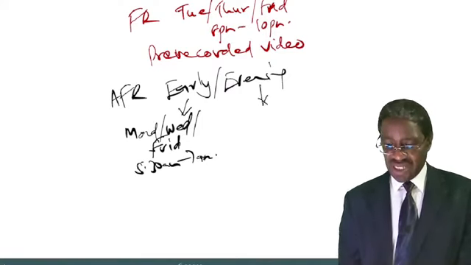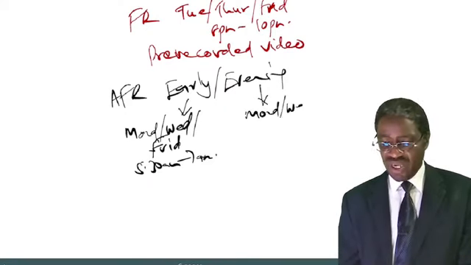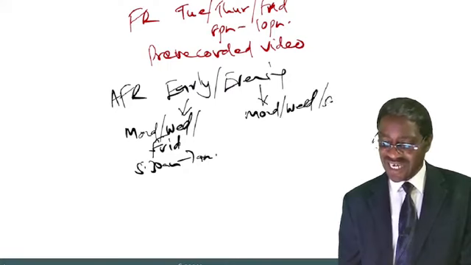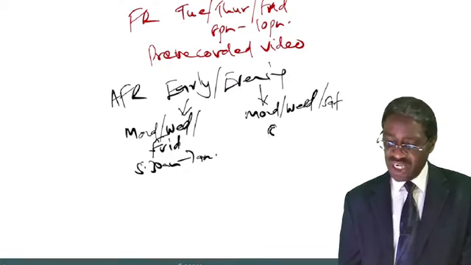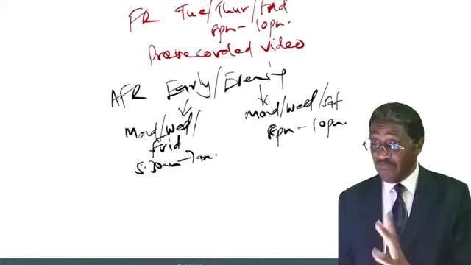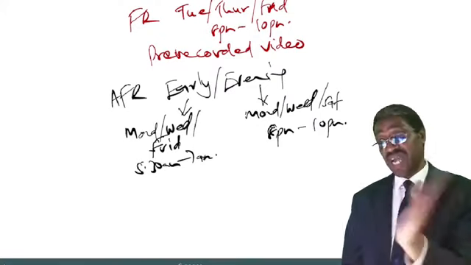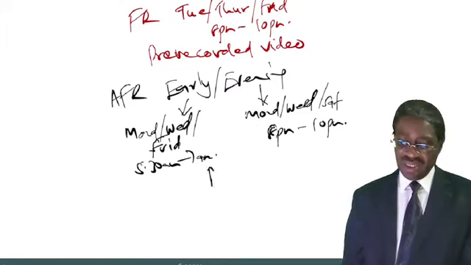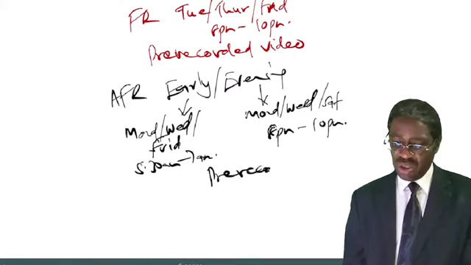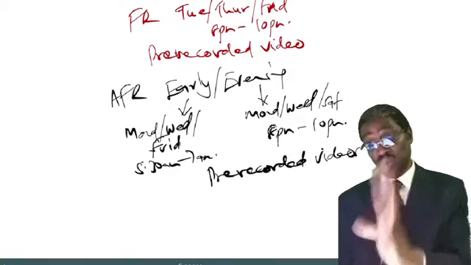For evening classes, we have them every Monday, Wednesday, and Saturday from 8 p.m. to 10 p.m. Again, if somebody among your friends cannot attend a live class, either early morning or evening, they can buy what we call pre-recorded videos, where they get the videos for the whole syllabus and watch them.